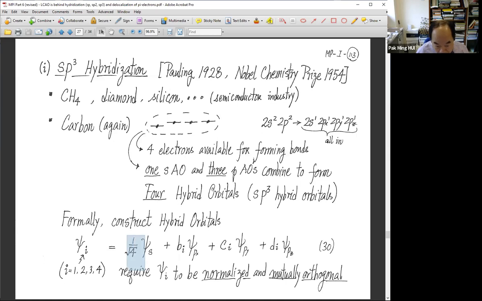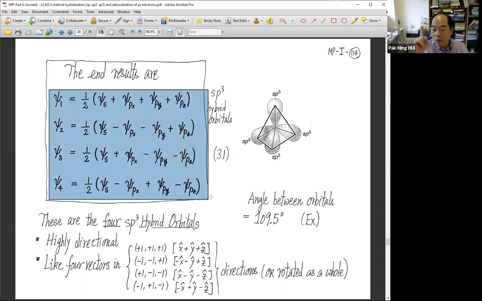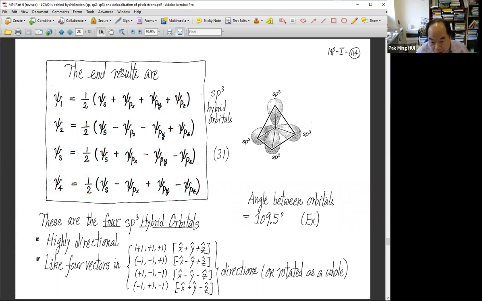This 1/2 comes from this. But then all the coefficients after solving it will be something like this, but the signs are different. Now, first of all, this is one way to write it out. Just as with sp2, after you do that, you can rotate the thing around. This is the nucleus.